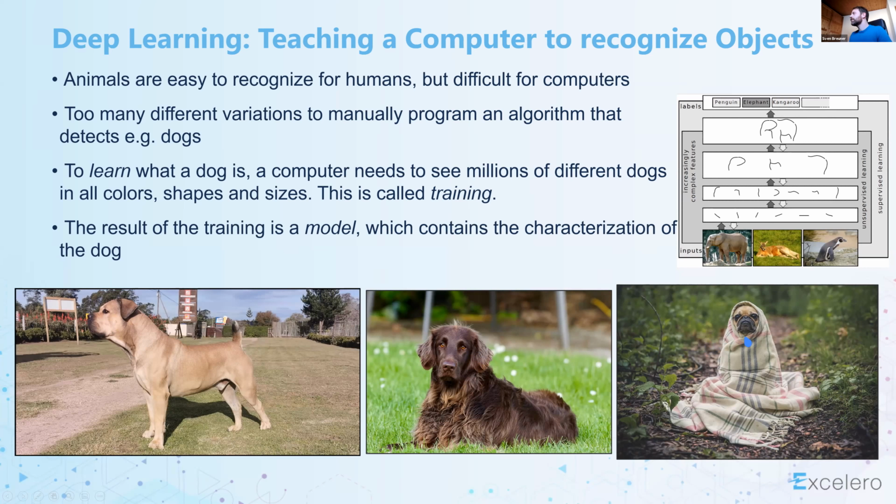And here on the last one, we see only very few features of the dog, but for a human, it's still easy to recognize. For a computer, not so much. So to get to this high accuracy, a more practical example would be to recognize spoken language, where you want to make sure that the computer understands almost all of the words, not only 90% of the words, because then it's not very useful.